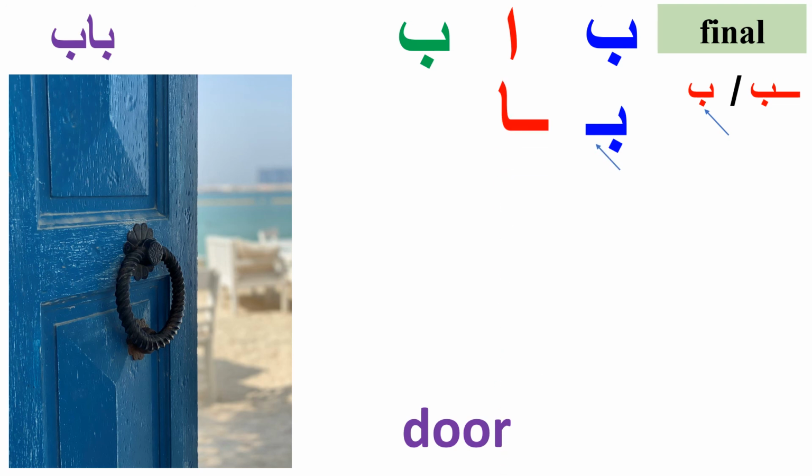Then there is the alif, which also has an extension to the right so that it can connect with the preceding letter. Then the final b letter, which is identical with the individual letter, with the isolated shape. When they connect, they come closer to each other and they give us bab, bab.